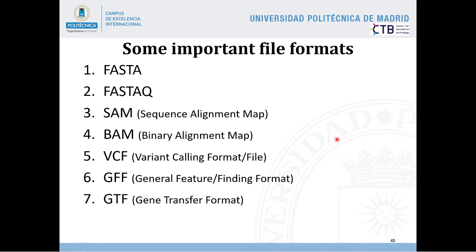And then the second line is the sequence. So in the header, we store which gene or which protein we are talking about, and then in the next lines we store the sequence itself.